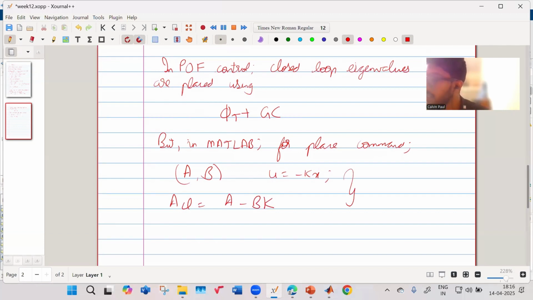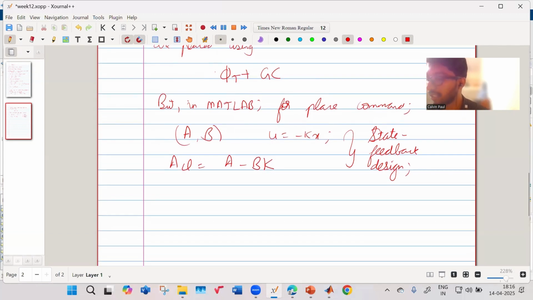This is for state feedback design. If you want to do observer design, where we want to get A minus LC, we use place of A transpose comma C transpose.